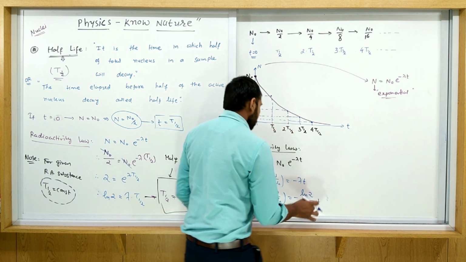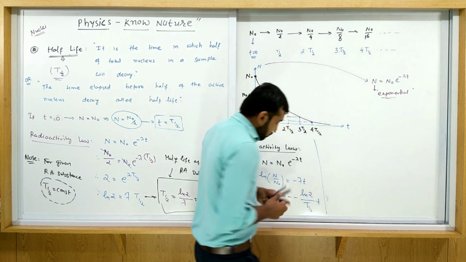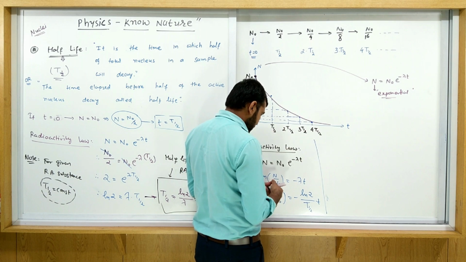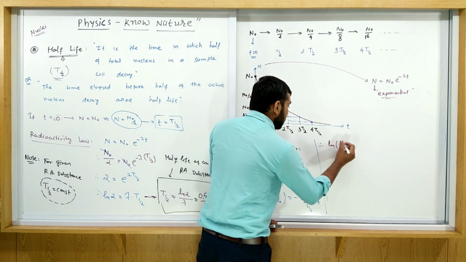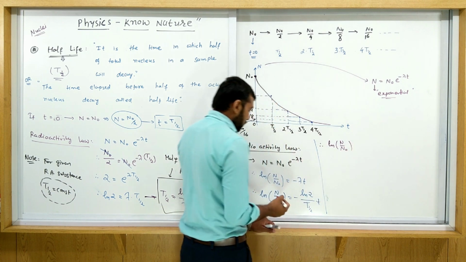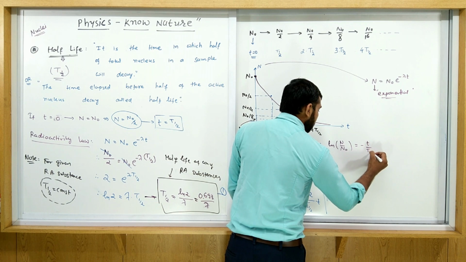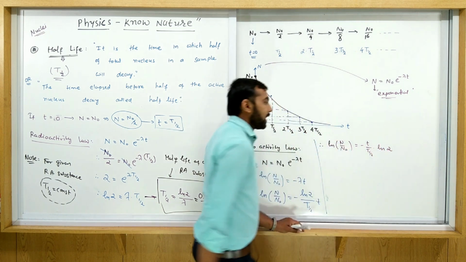After some simplification, we finally get ln N upon N0 is equal to minus t upon t1/2 into ln2.